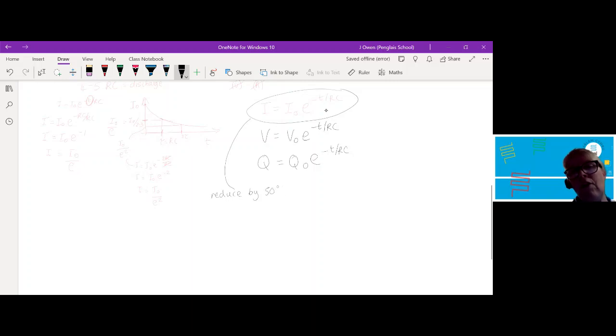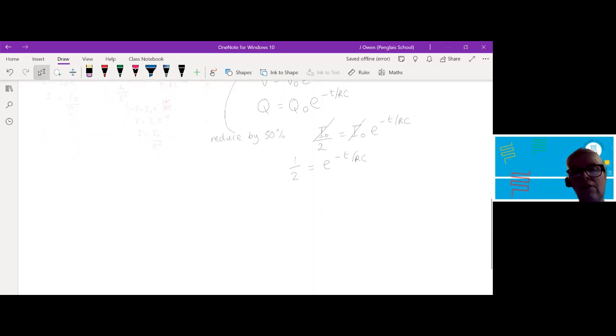They haven't told you what I or I naught is, but I, the final amount, is going to be 50% of what it was before. So that would be I divided by 2, I naught, and can you see that these cancel out to give you e to the minus t over RC? So you've got a half equals e to the minus t over RC.